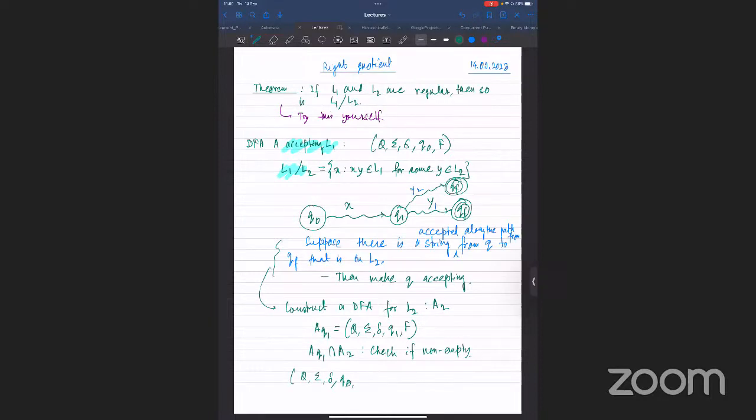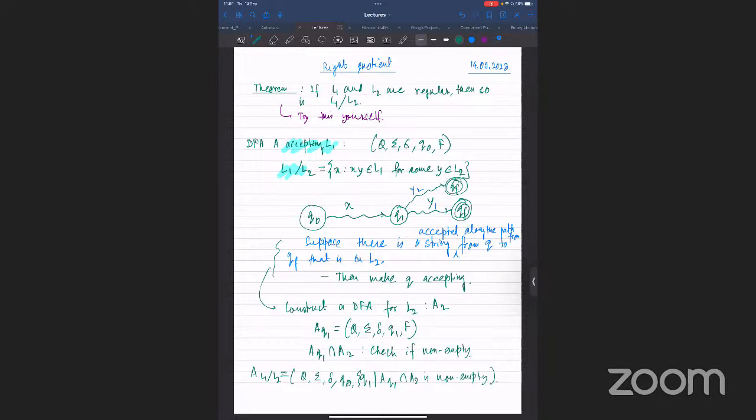So this is the automaton, I would say A of L1 slash L2, correct? It's the same, but now you have such a set of Q1 such that A_Q1 intersection A2 is non-empty.